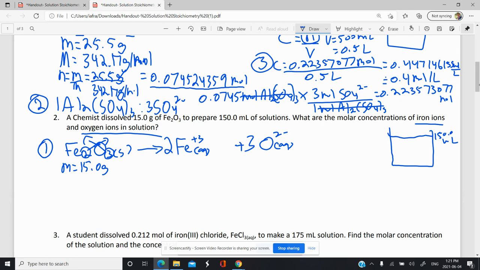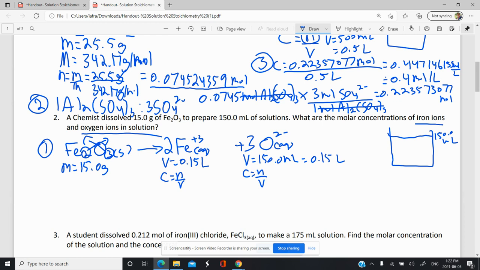So basically, for each of these ions, we would say the volume is 150.0 milliliters, or about 0.15 liters, because when we do molarity, we want to have moles per liter as opposed to moles per milliliter. Okay? So we have our volumes, and we want to find the concentration of each of these.